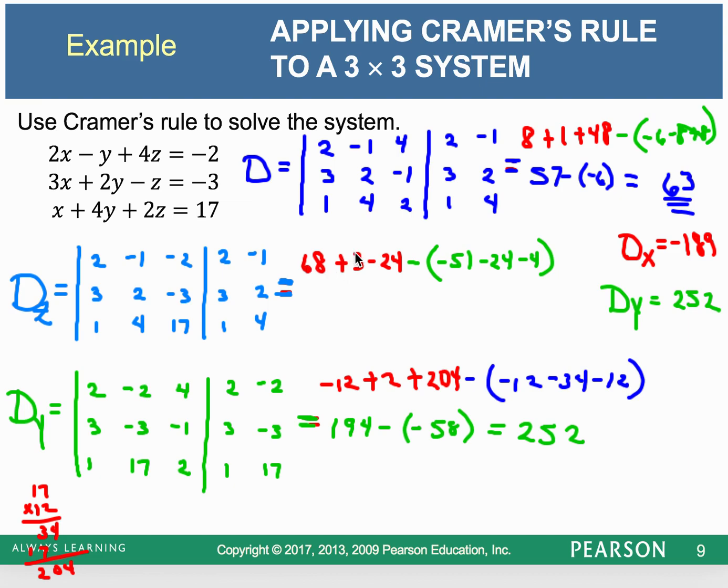Okay. So 68 minus 24 is 44 plus 3, so that's 47 minus, these are all negative again, so I'm going to add them all together. So 79, minus negative 79, so that means I'm going to add those, right? So 126.